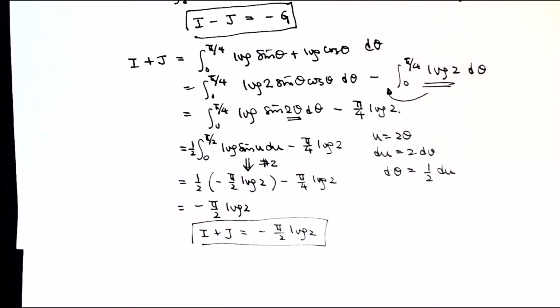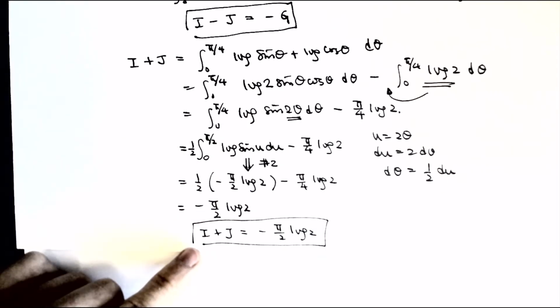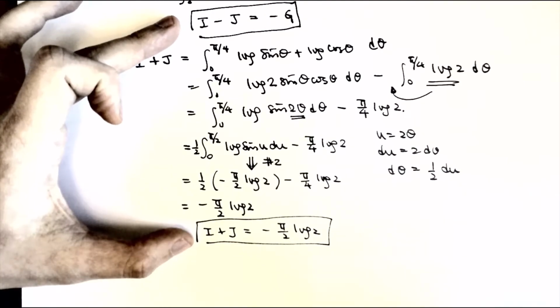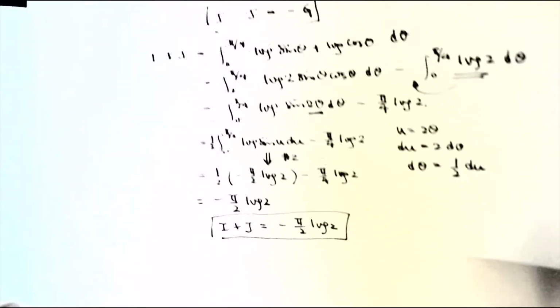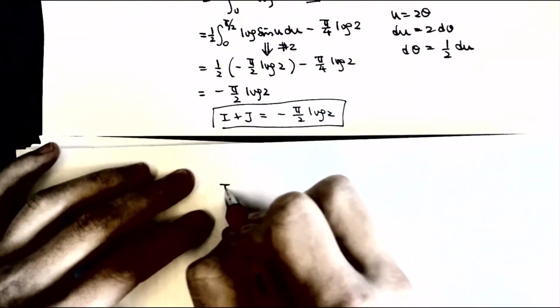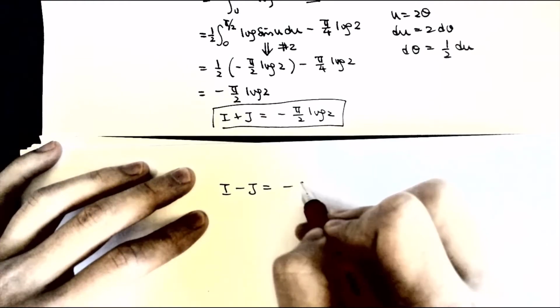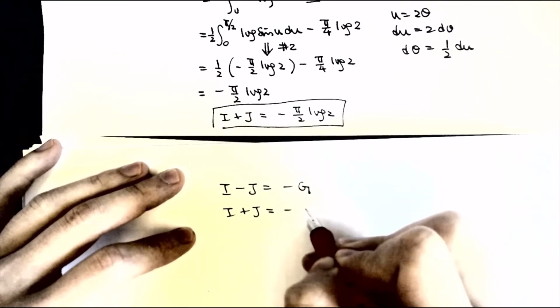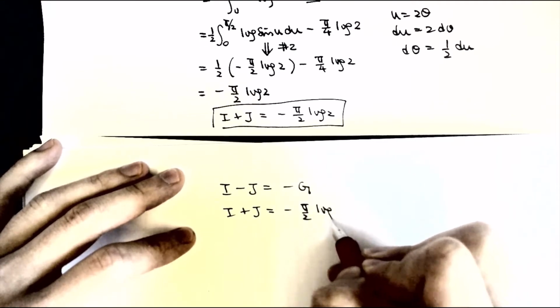Now we have two equations here. The next step is very obvious: we just have to solve these two equations. So let me write them down. I minus J equals minus G, and I plus J equals minus pi over 2 log 2.